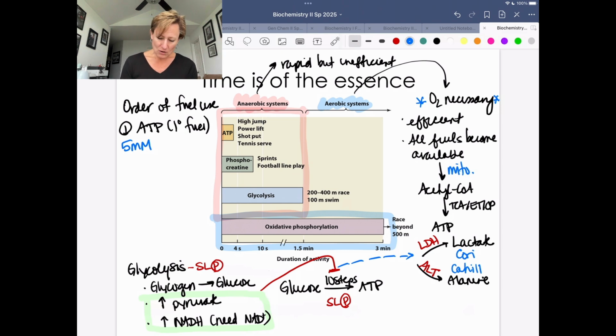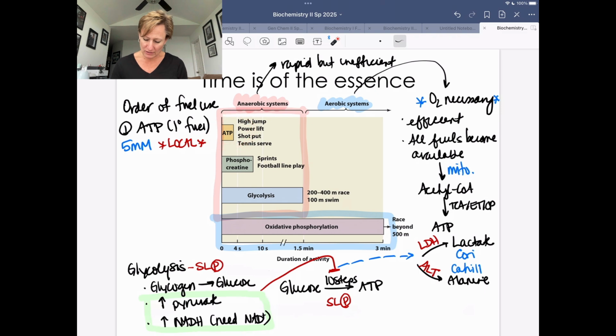But I'm going to highlight that ATP must be used locally. Even though the liver helps out with a lot, the liver cannot export ATP to your bloodstream to go to another cell. Each cell has to make its ATP individually. So you have to produce this locally, and you run out of it very quickly. Look at it. In about 4 seconds, you deplete your local levels of ATP.